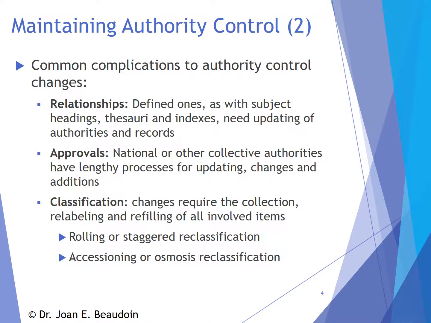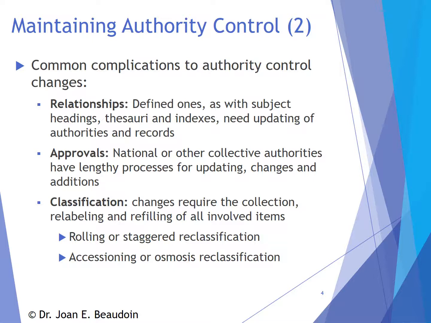There are some common complications to authority control changes, such as relationships between subject headings. As you've seen, there are broader and narrower relationships, and there are also relationships that are conceptual in nature. They need to be updated as well.